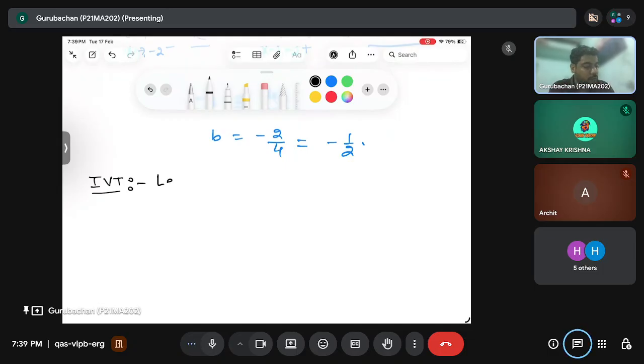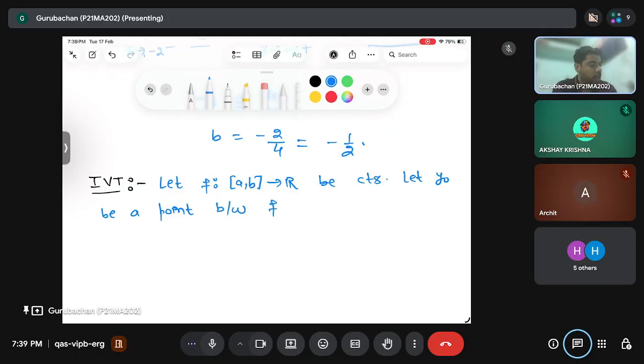So let f be any function from [A, B] to R, continuous, and let y naught be a point between f of A and f of B. I'm writing it in short form.